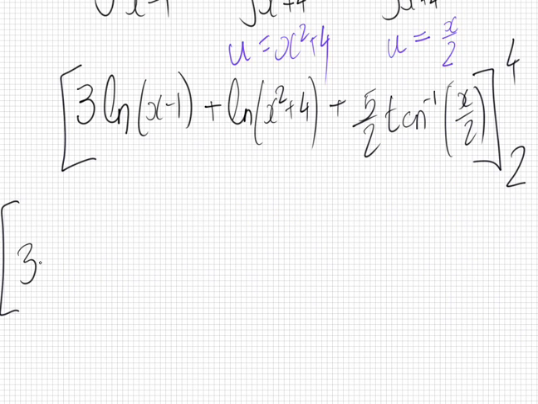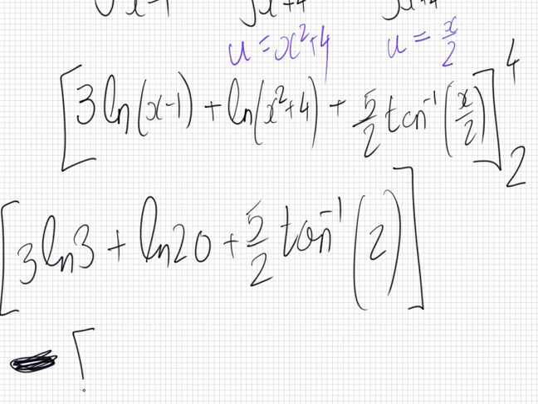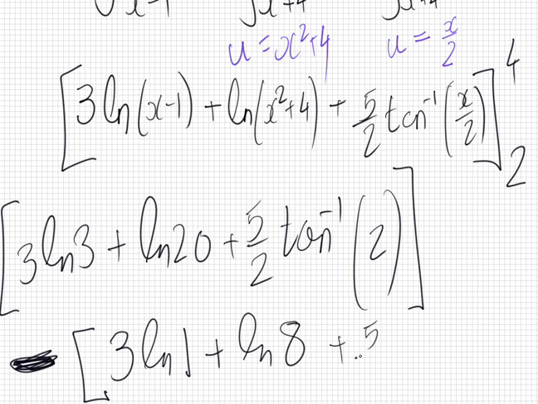So it'll be 3 log 3 plus log 20 plus 5 over 2 tan inverse 2, minus, and let me put in 2, 3 log 1 plus log 8 plus 5 over 2 tan inverse 1.